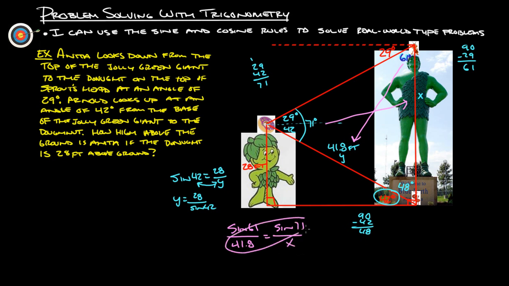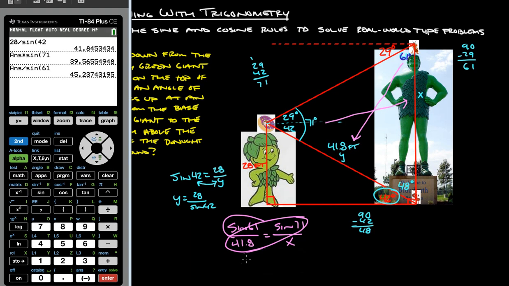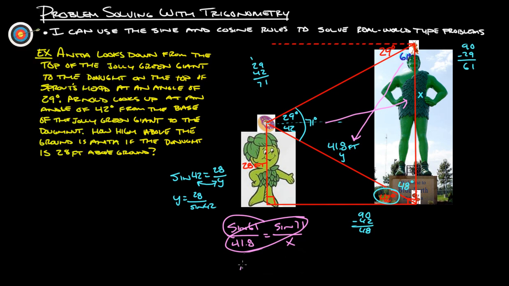All right, cross multiply those two, divide by the leftover one. So we already have the 41.8 in there, so 41.8 times sine 71 gives us 39.56 divided by sine 61. And we get 45.2 feet.